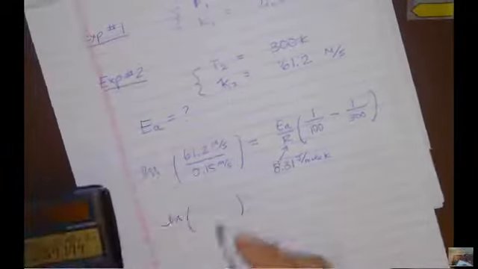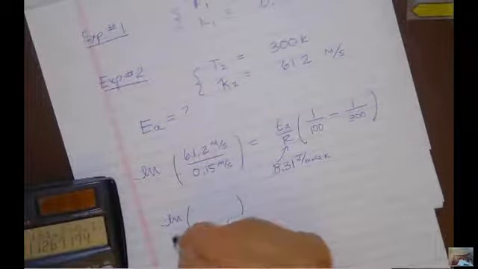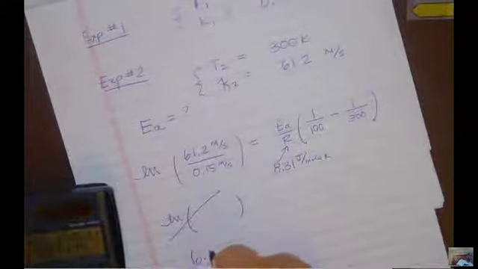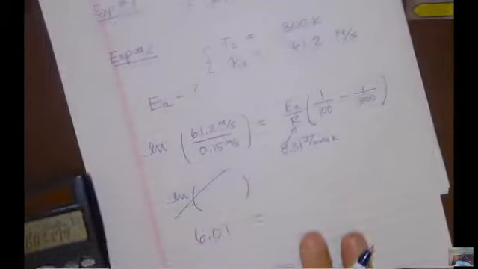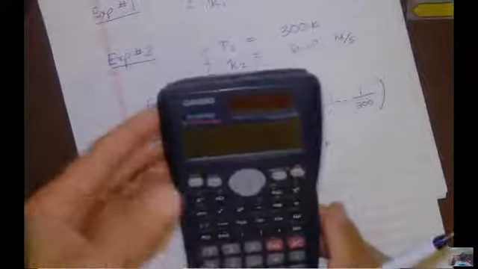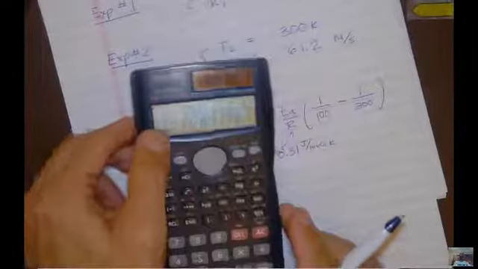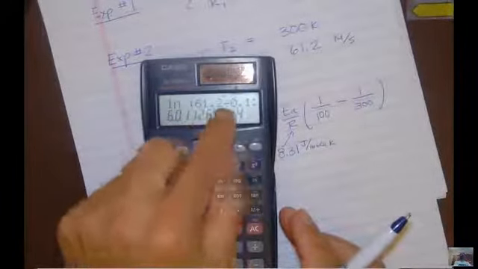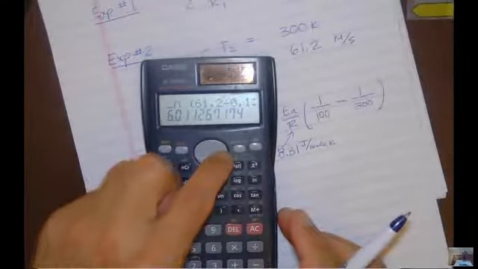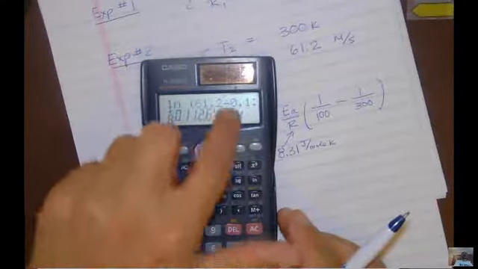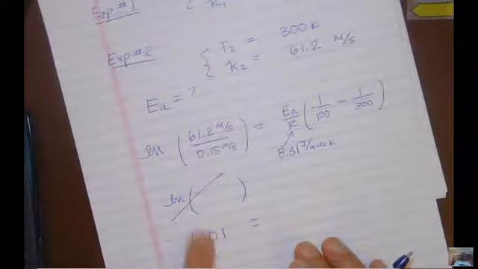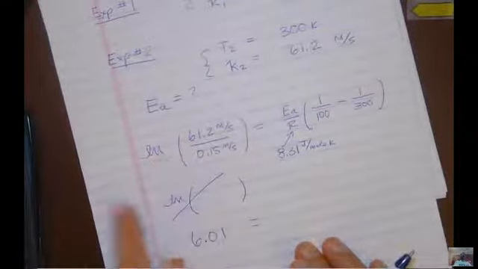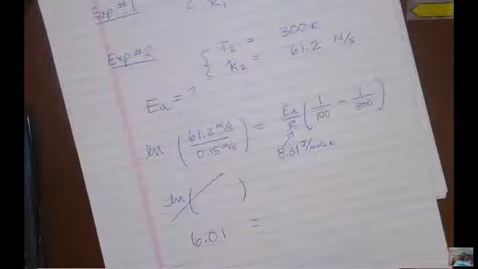I get this whole thing comes out to 6.01. Okay, I did that whole thing in one step. You could see back here, ln 61.2 divided by 0.15. Let me see if I could scroll along. And then I just closed the parentheses. That's the nice thing about using parentheses on your calculator. You don't have to write a lot of stuff down.